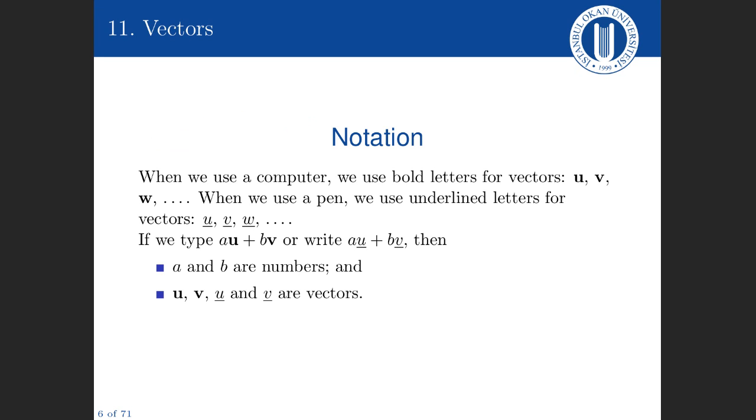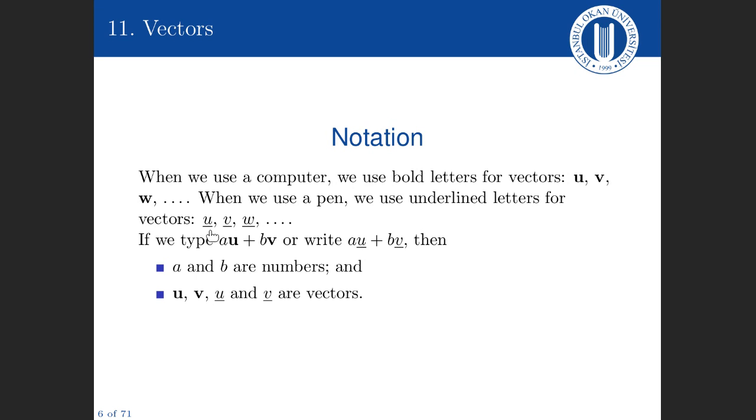Let's briefly talk about notation for vectors. When we use a computer, for example, these slides or the lecture notes, we usually use bold letters for vectors. For example, bold U, bold V, bold W are vectors. If we write mathematics with a pen, it's difficult to use bold letters, so instead we use underlined letters.